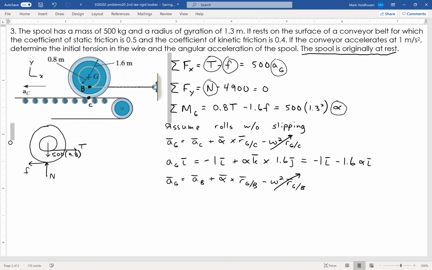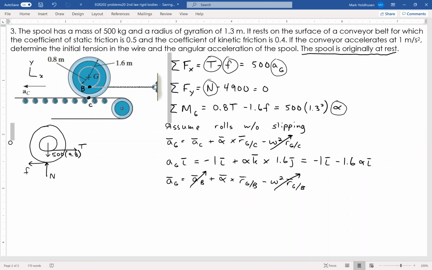This is still 0. Still have no angular velocity at this point. It's still at rest. The other thing I know for sure is, again, that cable is not moving, right? There's no slipping. That cable's not moving. The contact point, there's no acceleration of this point. And again, that's because obviously it's not moving horizontally, but again, without any initial velocity, I don't have a vertical normal acceleration either. So both of those guys go to 0.